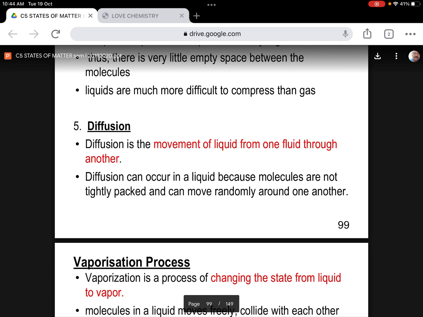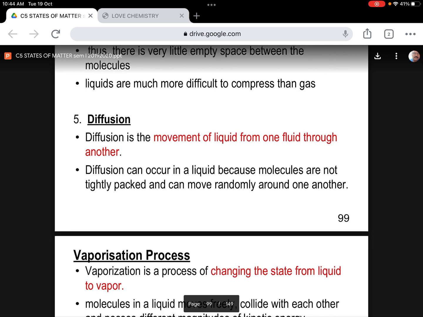However, in comparison with liquid, diffusion in solid is much slower, for the same reason: the particles or the molecules in solid are tightly packed. Therefore, the rate of diffusion in solid is much lesser compared to liquid.